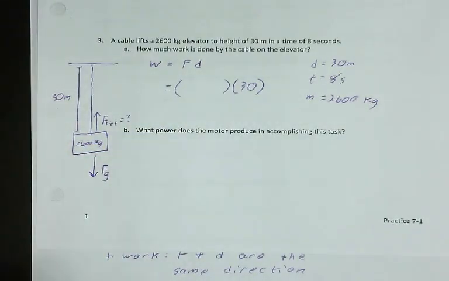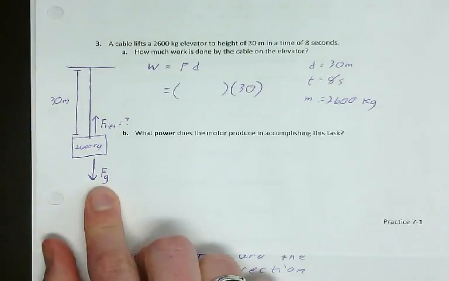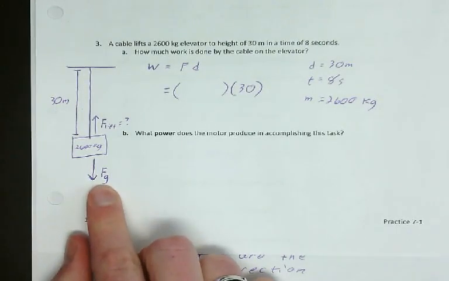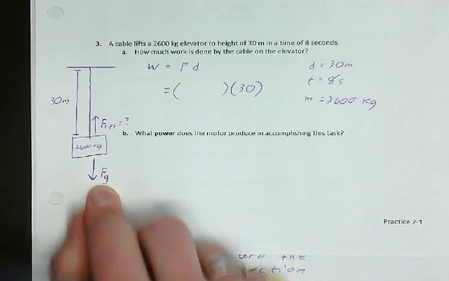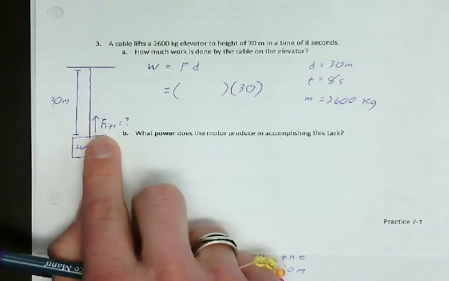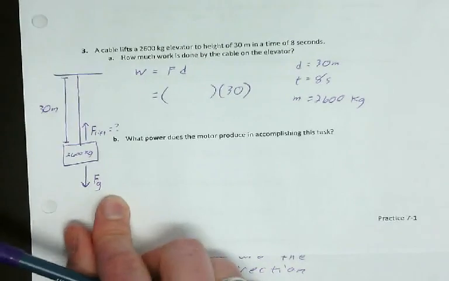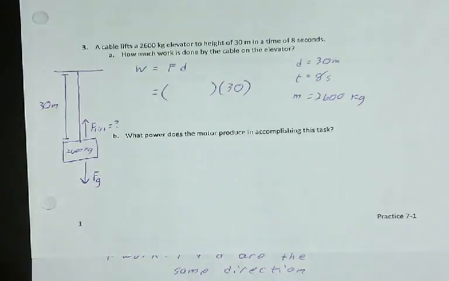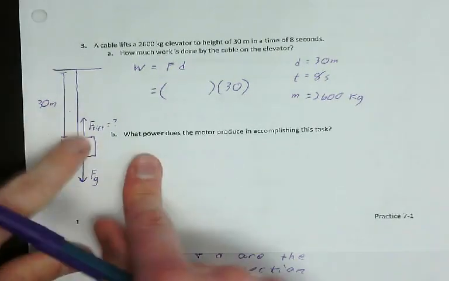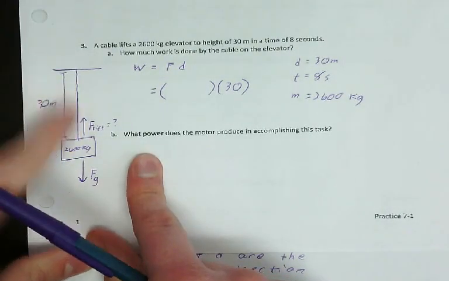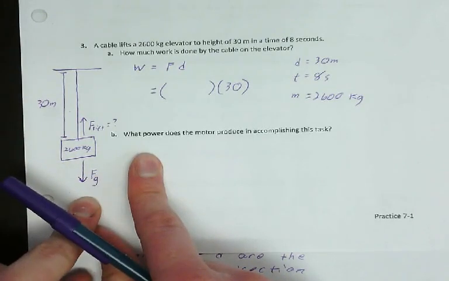So, the force of gravity is what we're working against. And whenever you want to figure out what force you need to apply, it's always equal to the force you're working against. So if the force you're working against is gravity, then you have to apply the force of gravity. But you're applying an upward force, not a downward force.